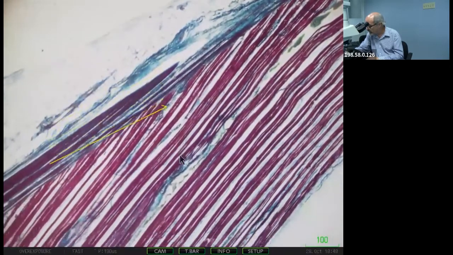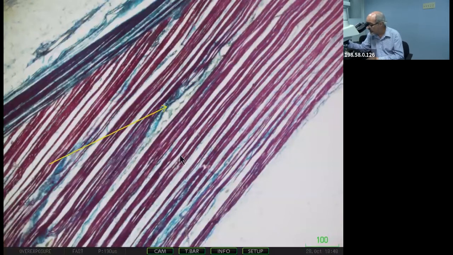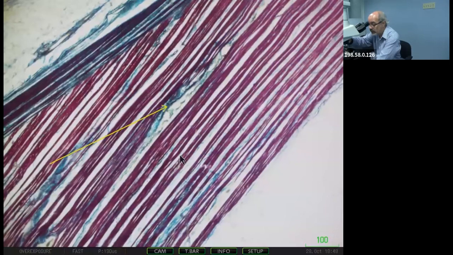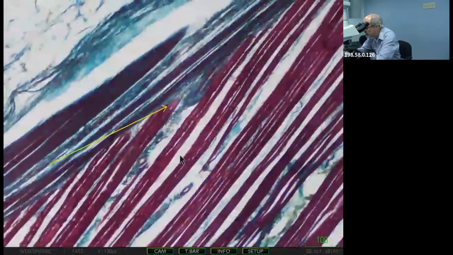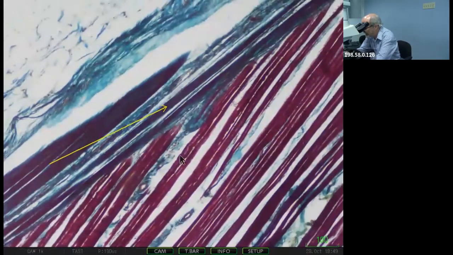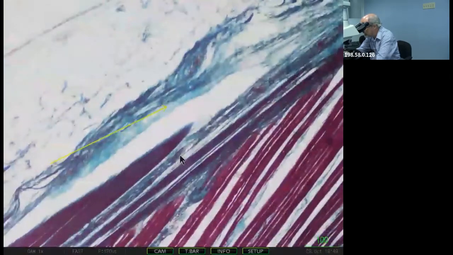If you look now around your bundles of muscle fibers, around your fascicles, it will be called your perimysium, okay? And around each muscle fiber, it will be your endomysium. So let's go to higher magnification. Here you have your epimysium, the most external connective tissue layer.